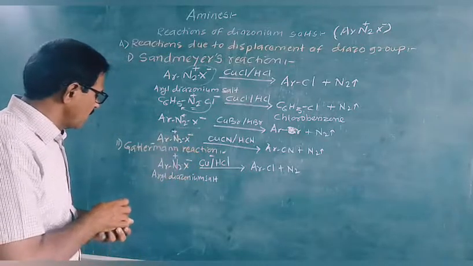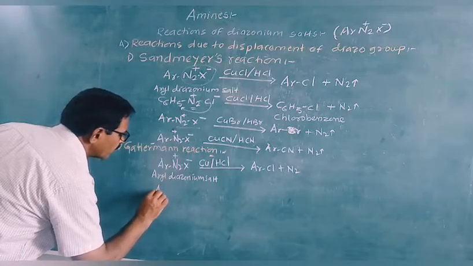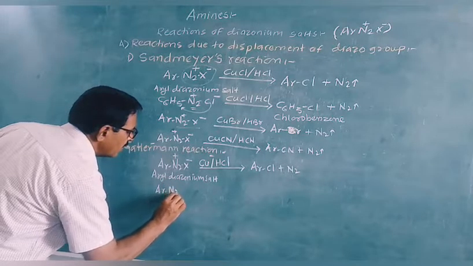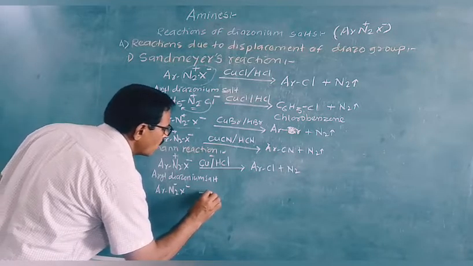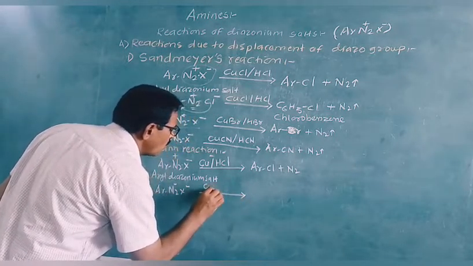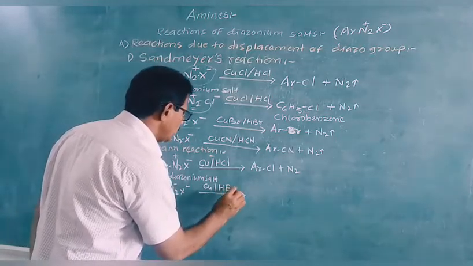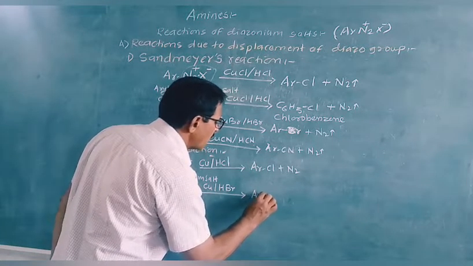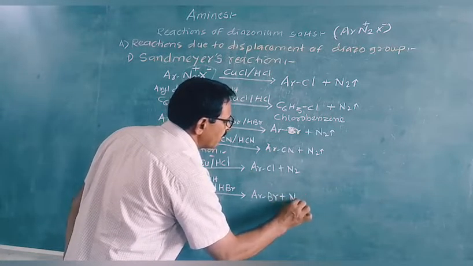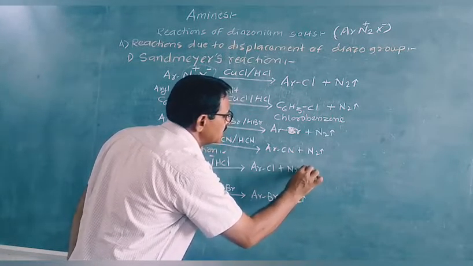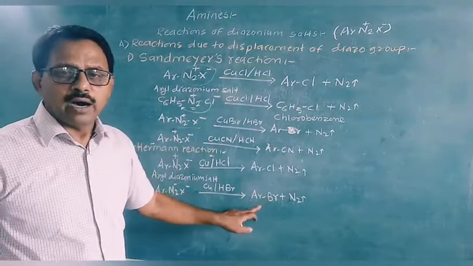Again with ArN2X, by using this reaction we can prepare bromobenzene also. Here we take Cu/HBr and it gives bromoarene plus N2 gas.